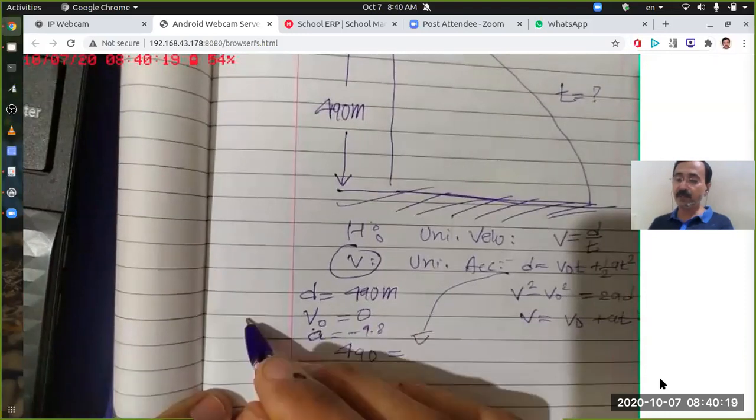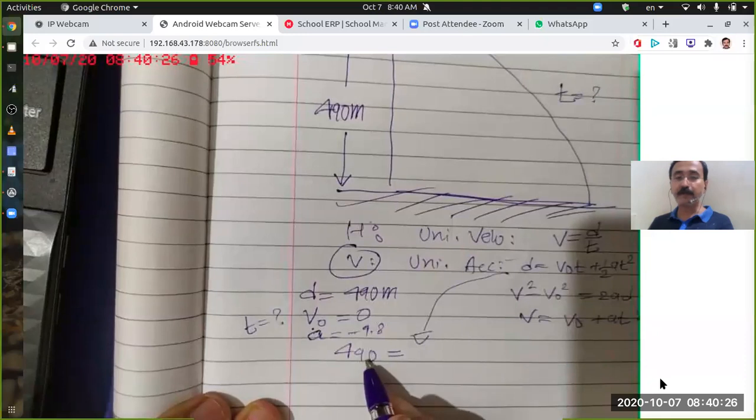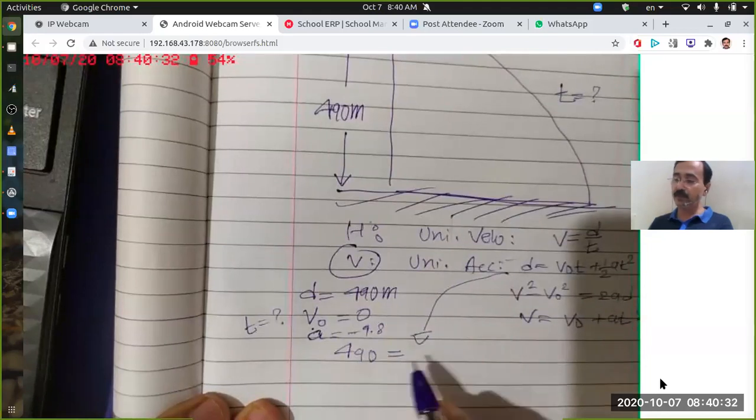Then time can be worked out. So instead of d, 490. Is it upward or downward? Give it a thought.